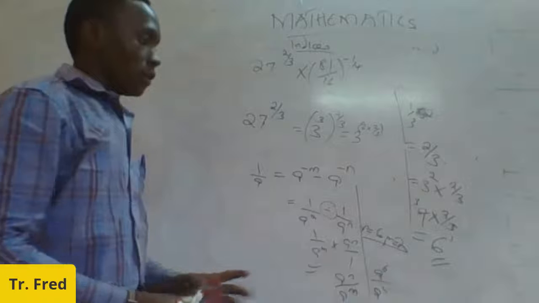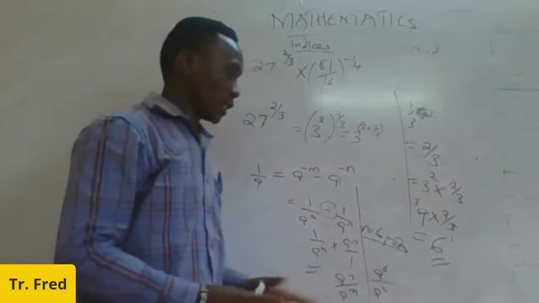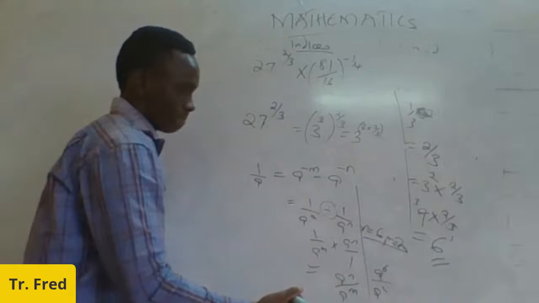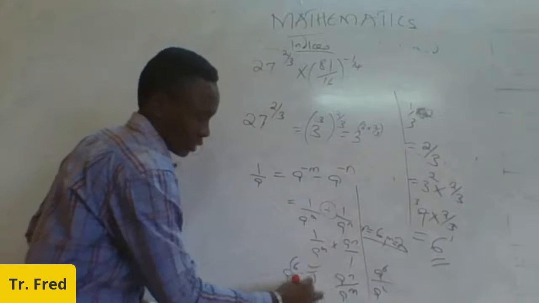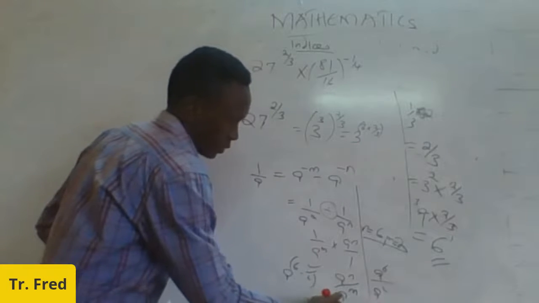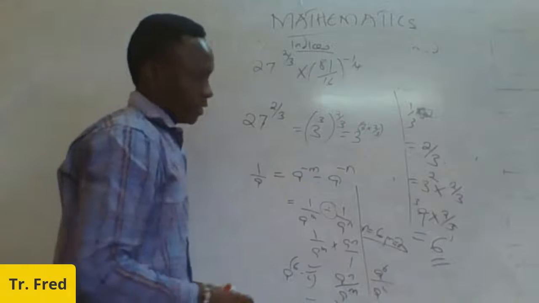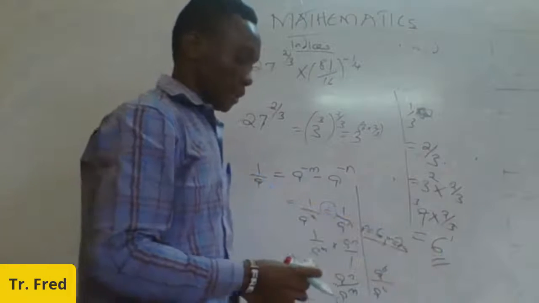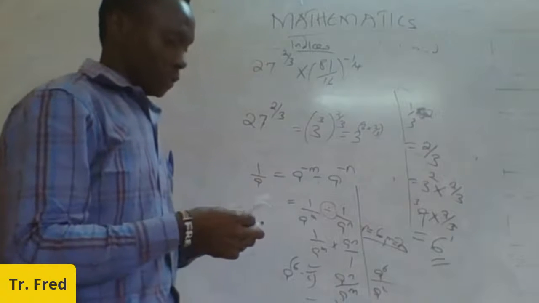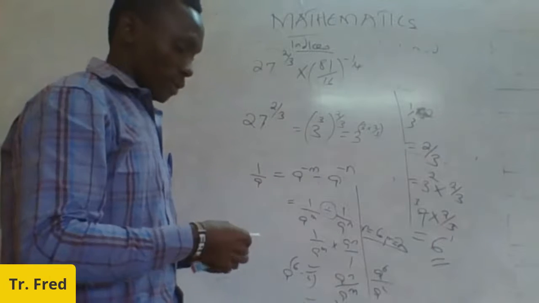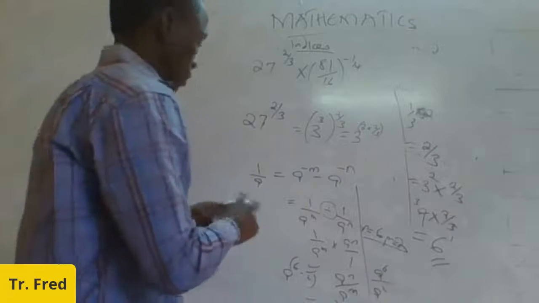Since for the division sign we subtract, this will be a power 6 minus 2, and the final answer will be a to the power 4. That is rule number 3, and it is the one that we have followed in solving the given question.